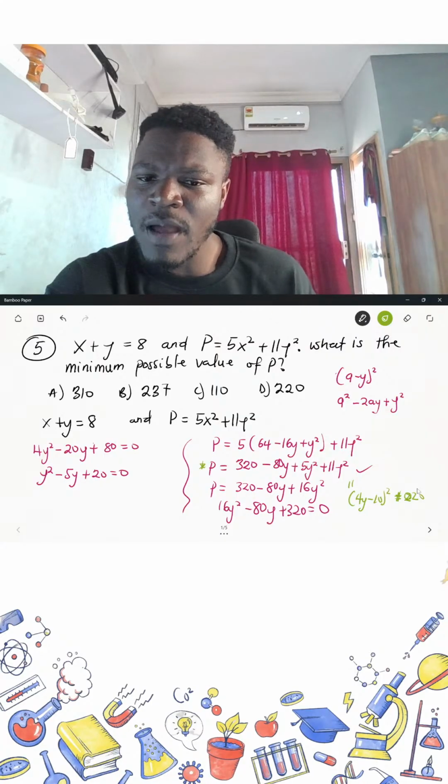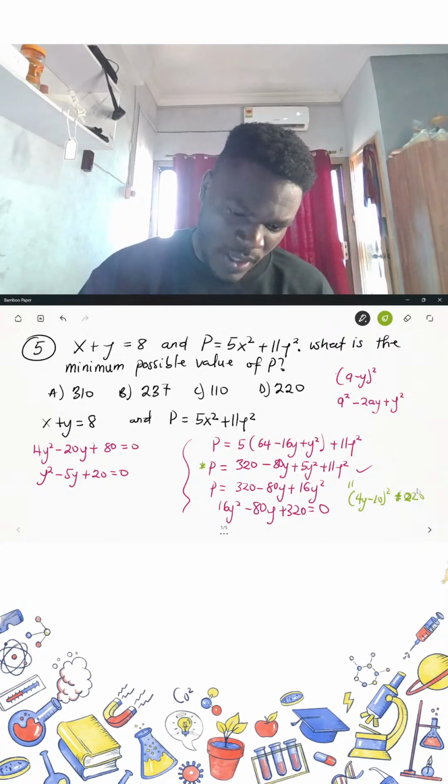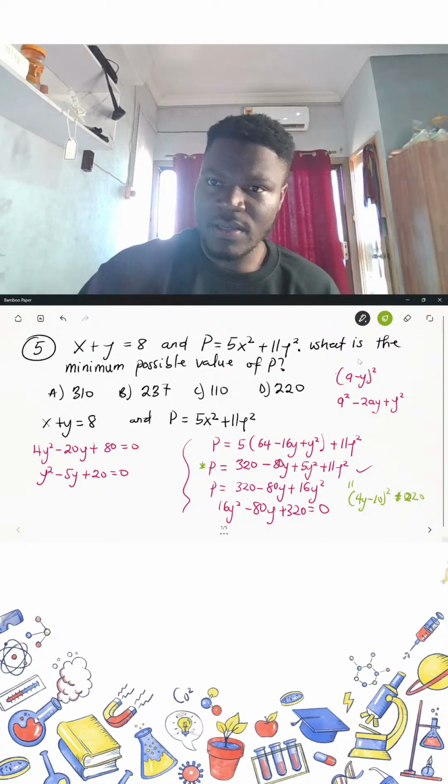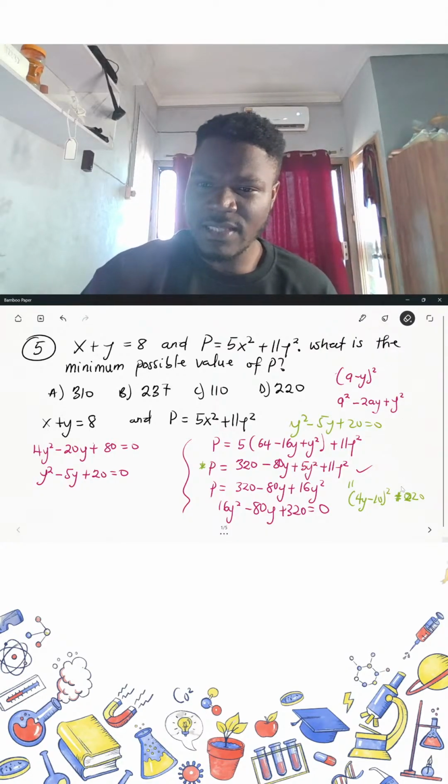So I'm trying to get how come they got this. So this is what they have. Let me rewrite this. We have this expression y squared minus 5y plus 20 is equal to 0. That is the expression that we have. But then let me write their expression in your solution.